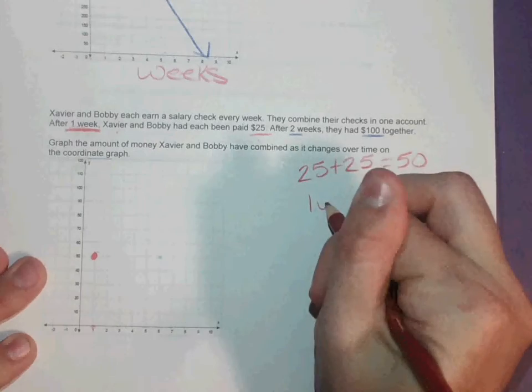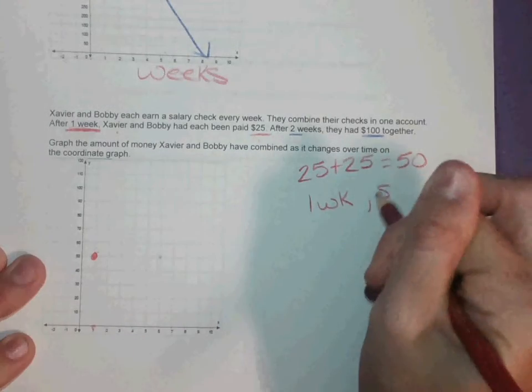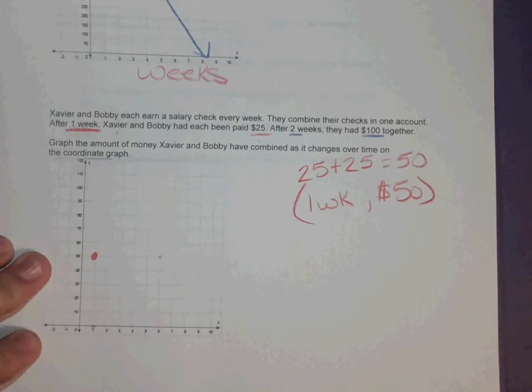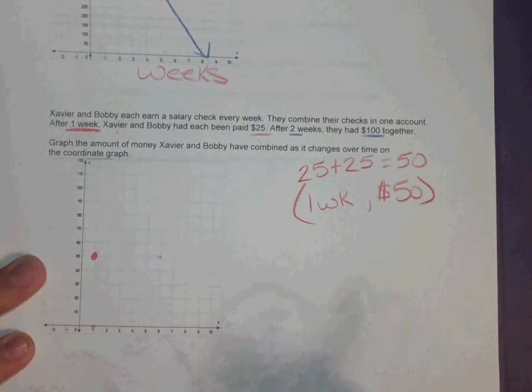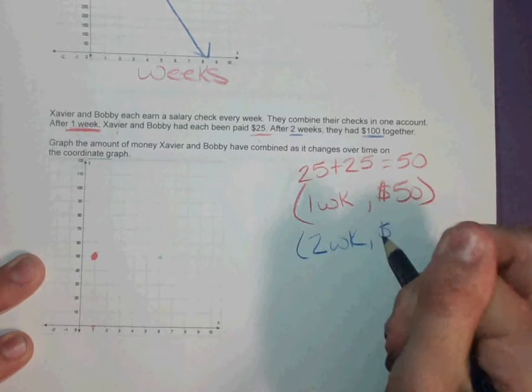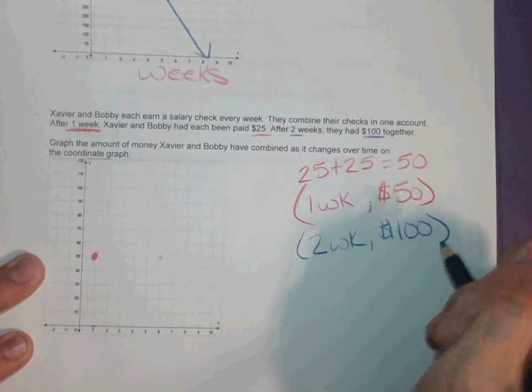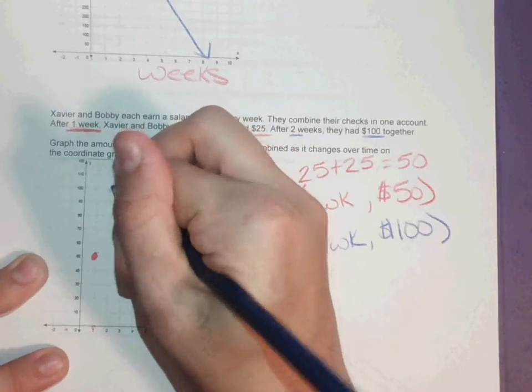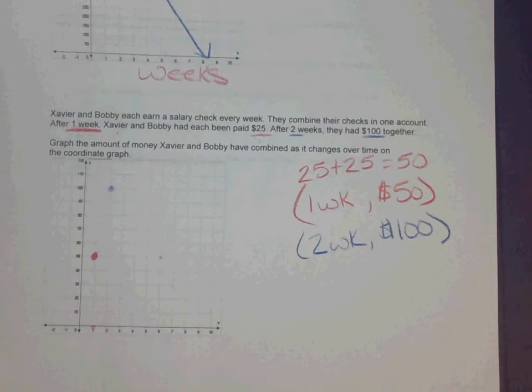That's my first point. Now it says at 2 weeks, they had $100 together. So I'm going to go over to 2, go up to 100, and plot my point.